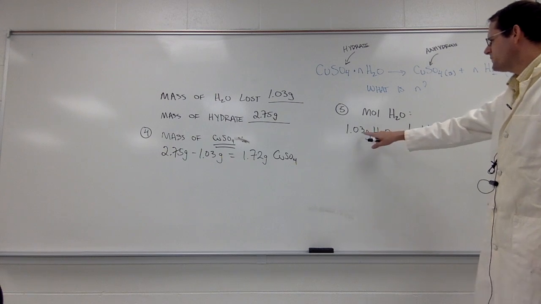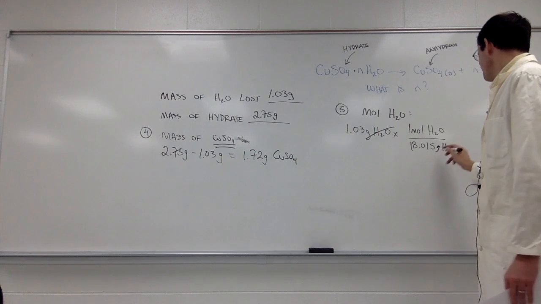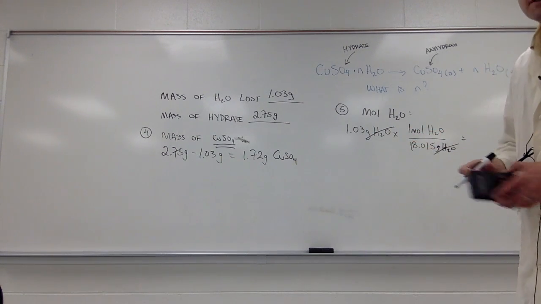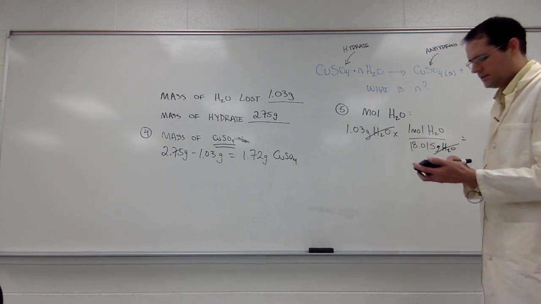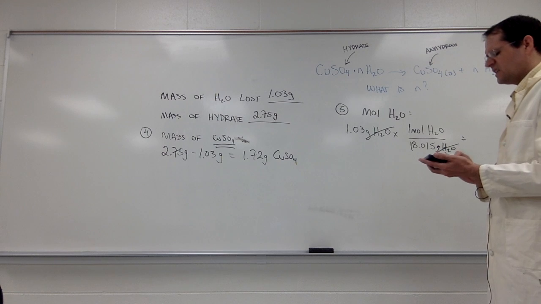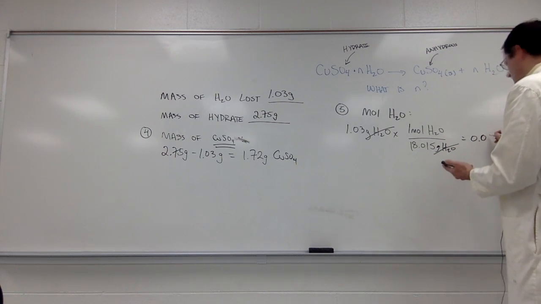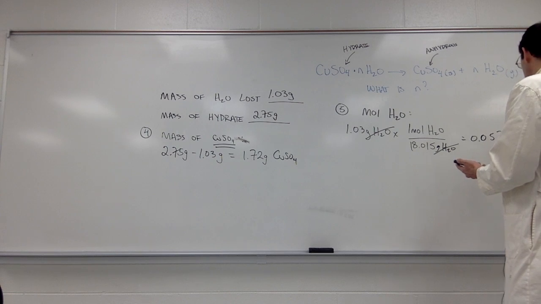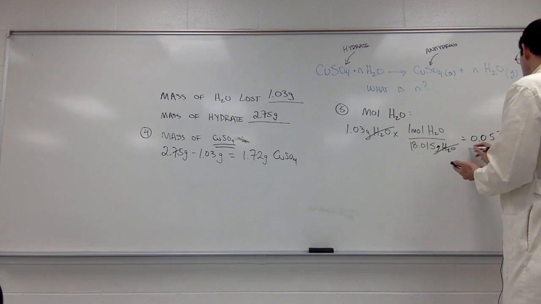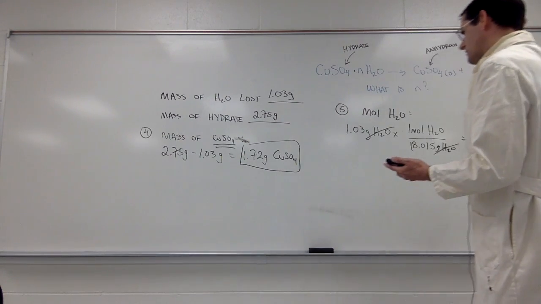Anyways, the grams of the water cancels, and we can do that on our calculator there and figure out the moles of water. And I get a value of 0.05717. We always need to box our answers, right? That was what was asked of us.